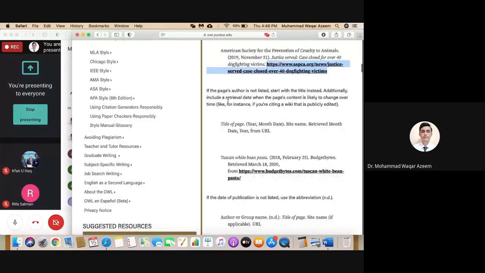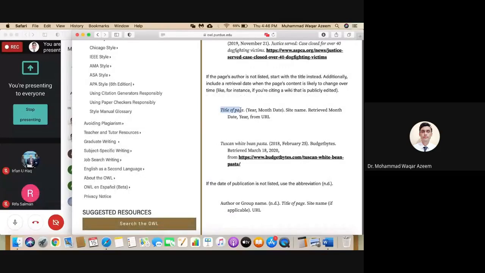It is possible that you do not have the author name at all. In that case, you can start with the title. Additionally, include a retrieval date when the page's content is likely to change over time, for instance, if you are citing a wiki that is publicly edited.